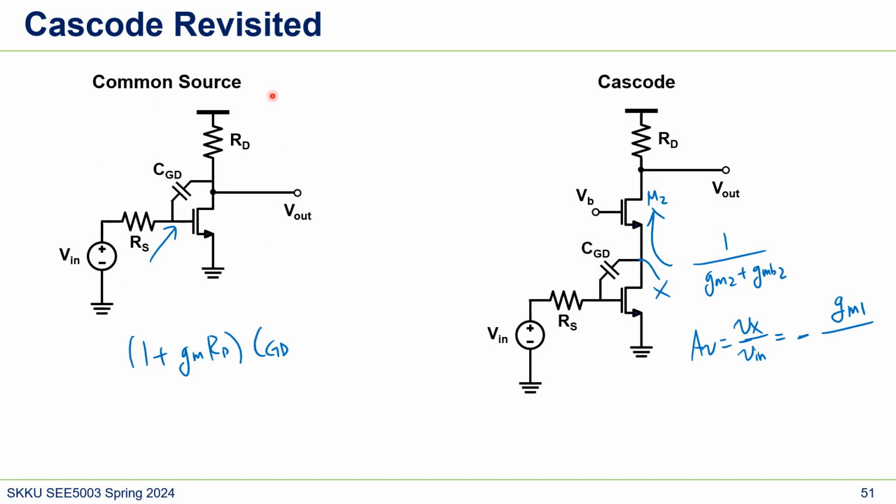Because you see this part, the gain here is GM RD, but we see the impedance as this, so we'll just multiply those two, which is GM2 plus GMB2.